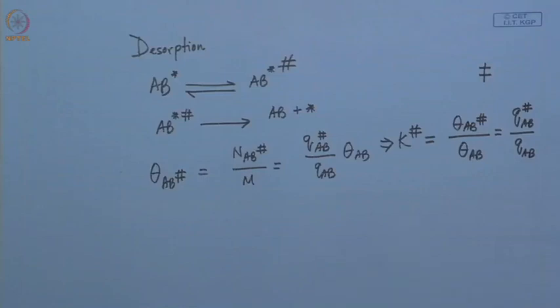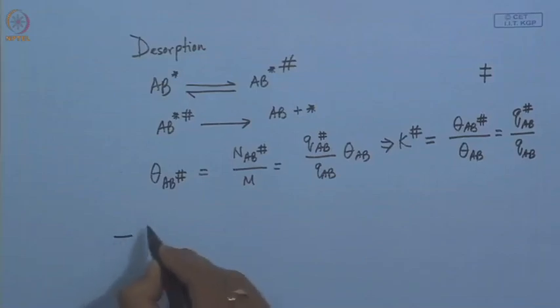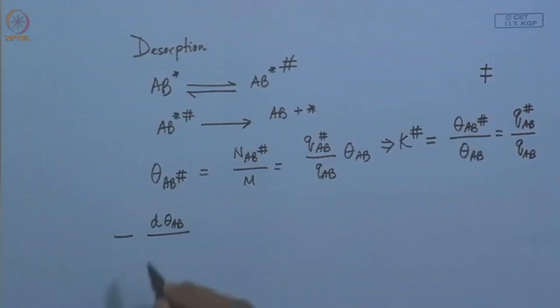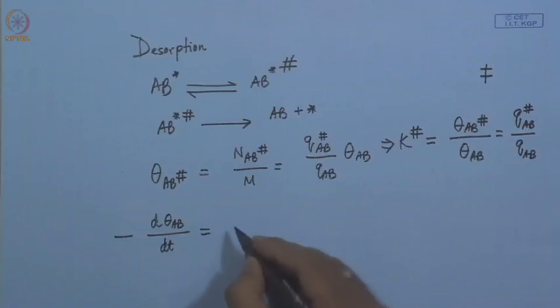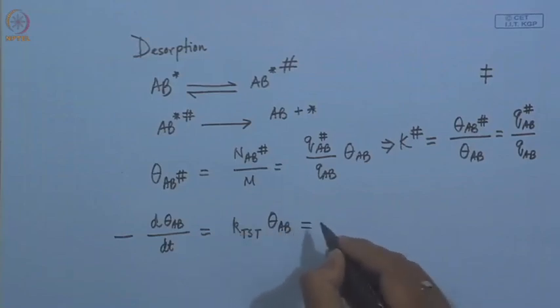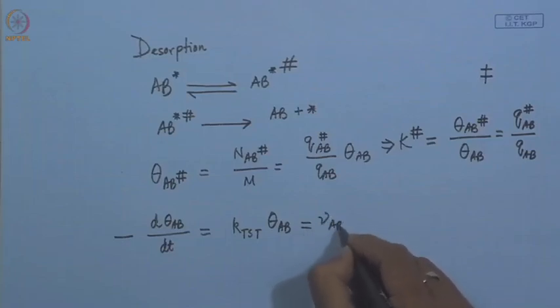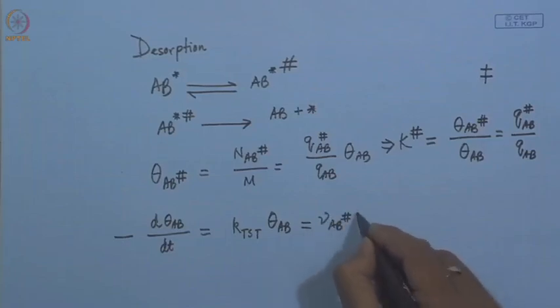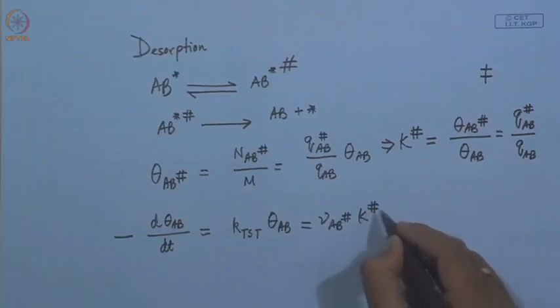So, the rate of desorption is nothing but minus d theta AB by dt, it is decreasing, that is why it is a minus sign, which is equal to K TST into theta AB. This K from TST has always to be included, which is equal to nu AB times K double dagger theta AB.